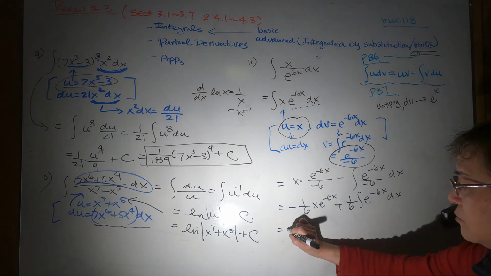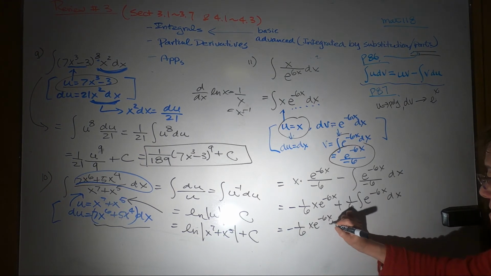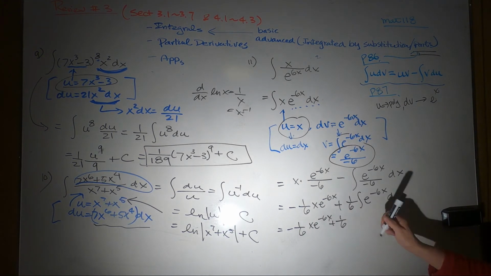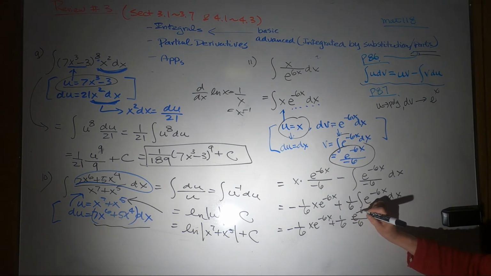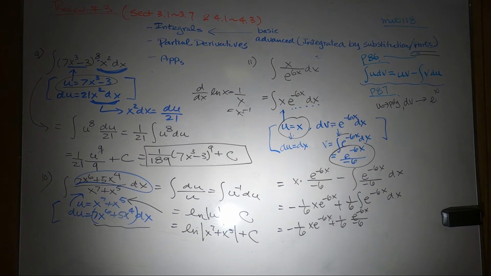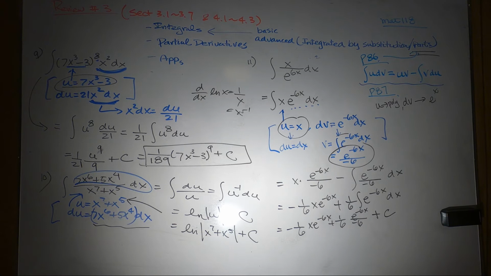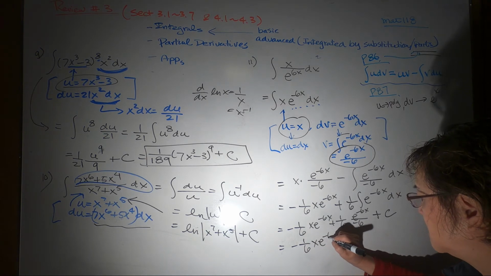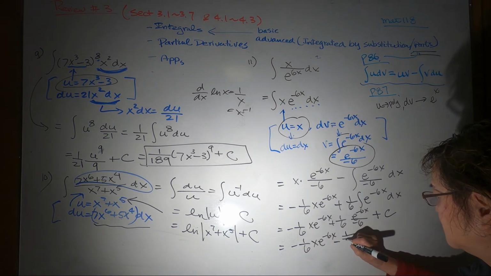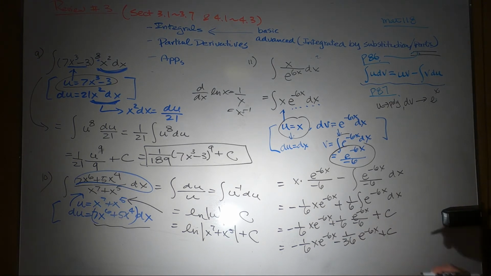So we have negative 1/6 x e to the negative 6x plus 1/6 times, doing this one again, e to the negative 6x divided by negative 6, plus c. Okay, so what's our answer? Negative 1/6 x e to the negative 6x minus 1/36 e to the negative 6x plus c.